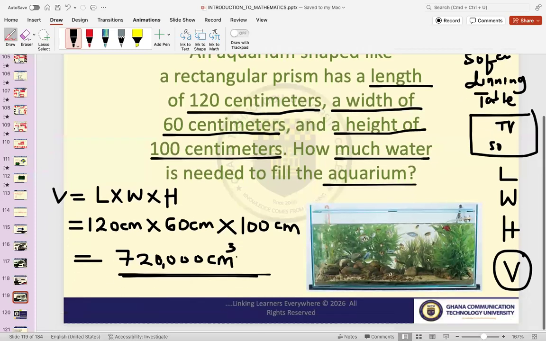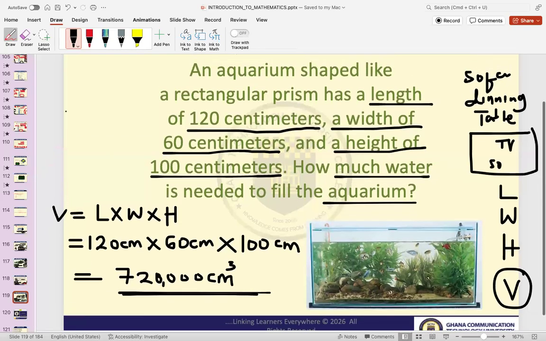Now, I hope I haven't forgotten, but I know that you can check for me. I know that 1,000 centimeters cube is equal to 1 liter.